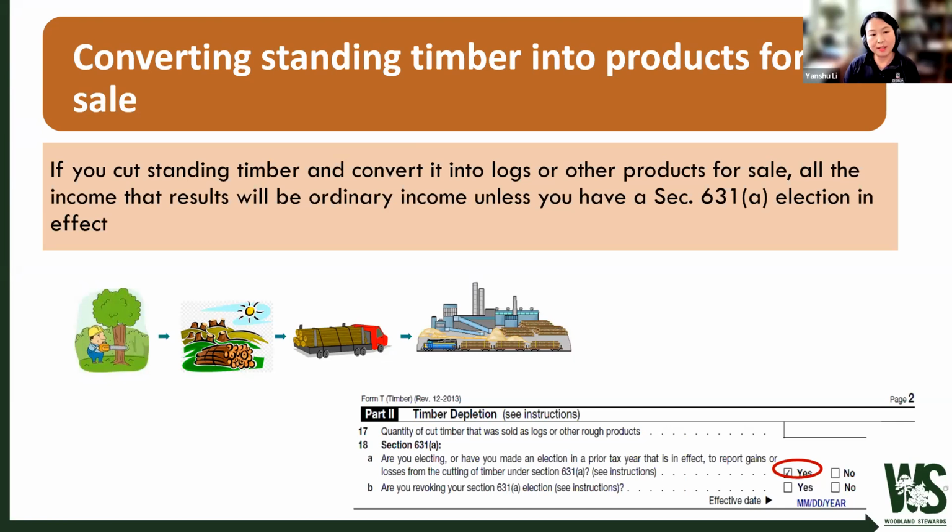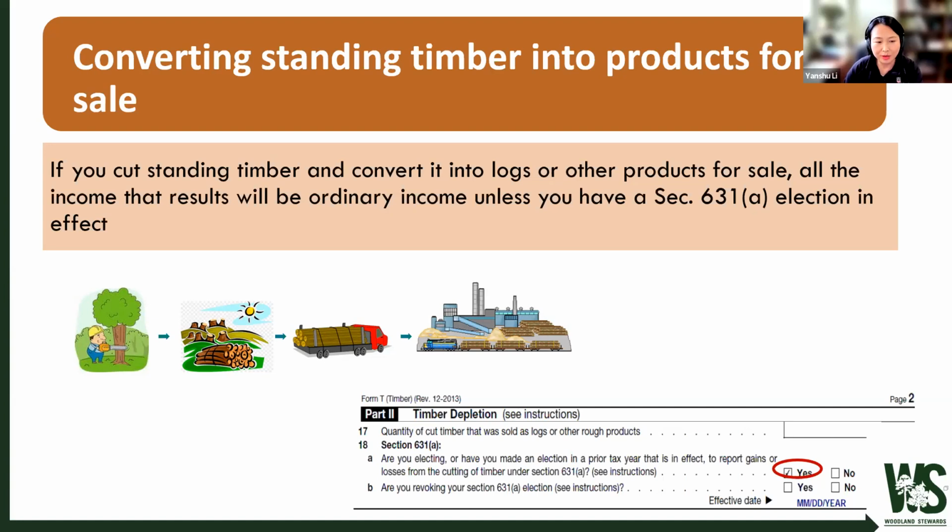If you receive income and you didn't make a special election, then all that income or profit will be subject to the ordinary income tax rate. So it's very important to make a special election, which is the Section 631(a) election. And how do you make the election?